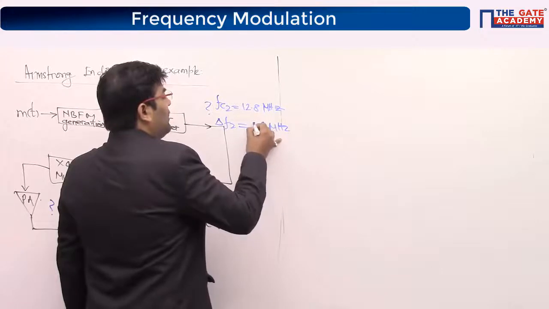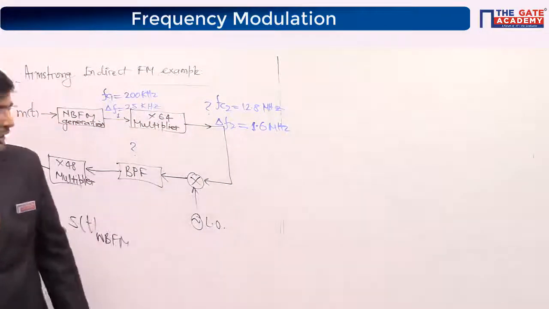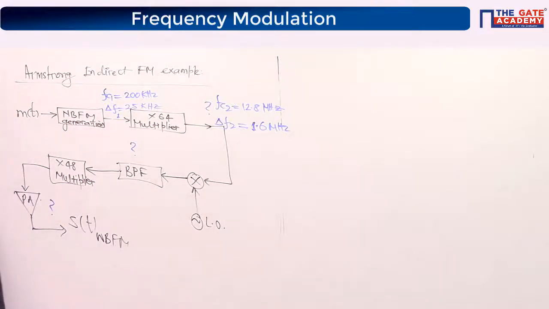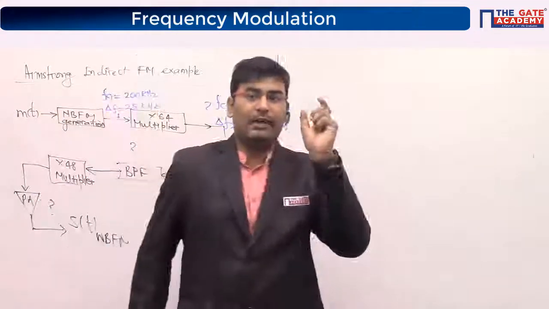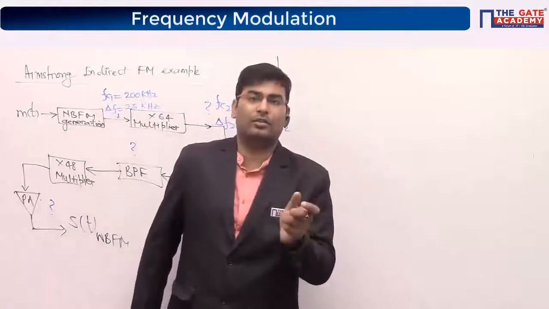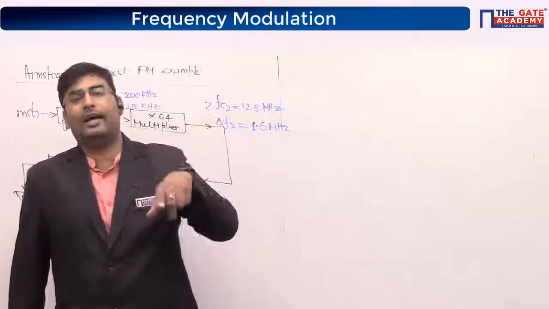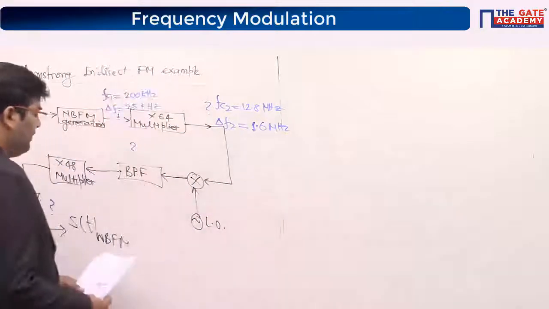Now, question to all the students in the session, why has delta F also changed? Anyone? Very good, because of beta. Because you are multiplying by n the whole angle of the cos, so delta F also comes from that point. Very good. Now, what will be the output here?